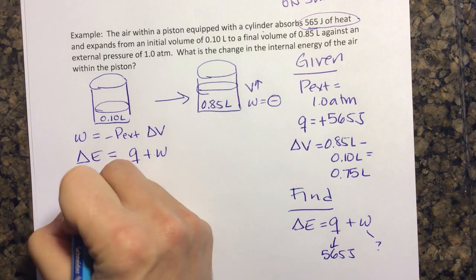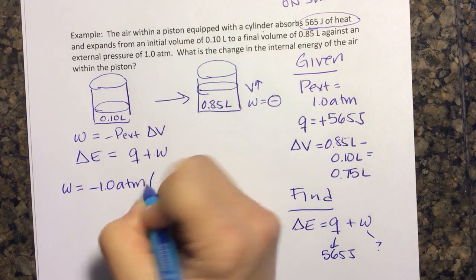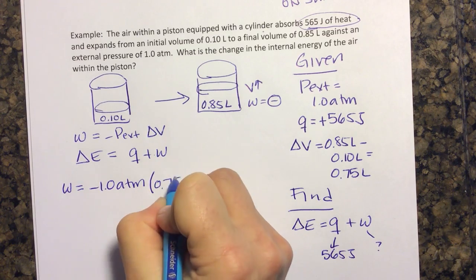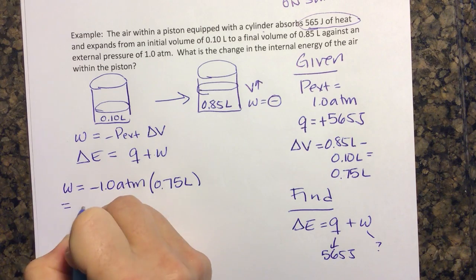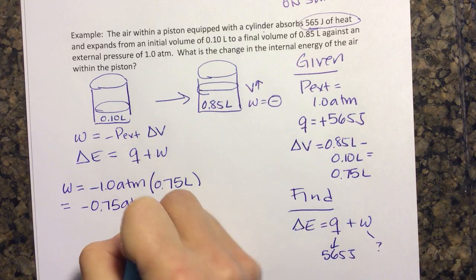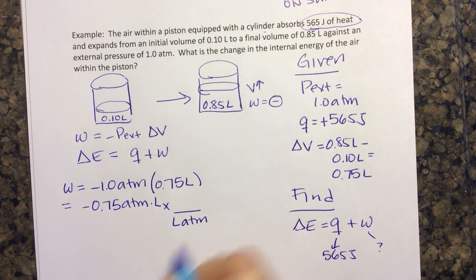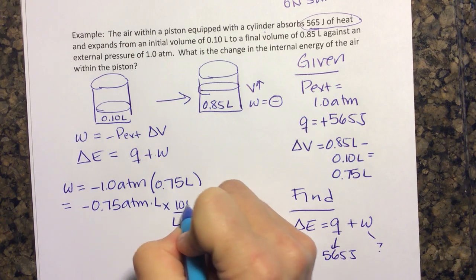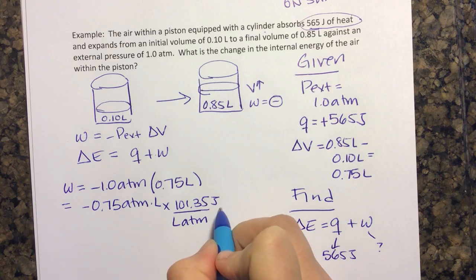Work equals minus 1.0 atmosphere times 0.75 liters. That gives us negative 0.75 liter atmosphere. Then we use our conversion factor, 101.3 joules per liter atmosphere.